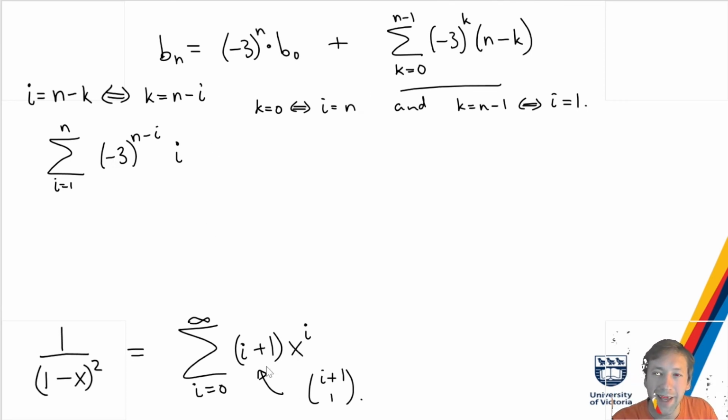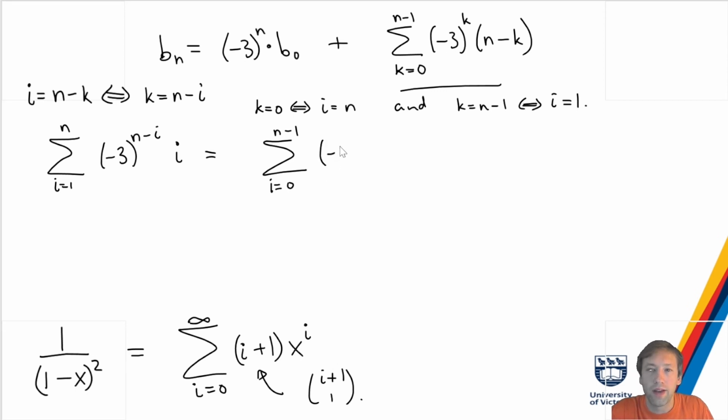This is not looking that similar to our original sum, or the sum at the bottom. But let's do a little shifting. If I shift my indices, you can think of this as starting at i equals 0 and going to n minus 1 of negative 3 to the n minus i minus 1 times i plus 1. Now at least we've got the i plus 1 that we want. Let's do a bit of factoring and pull out negative 3 to the n minus 1.